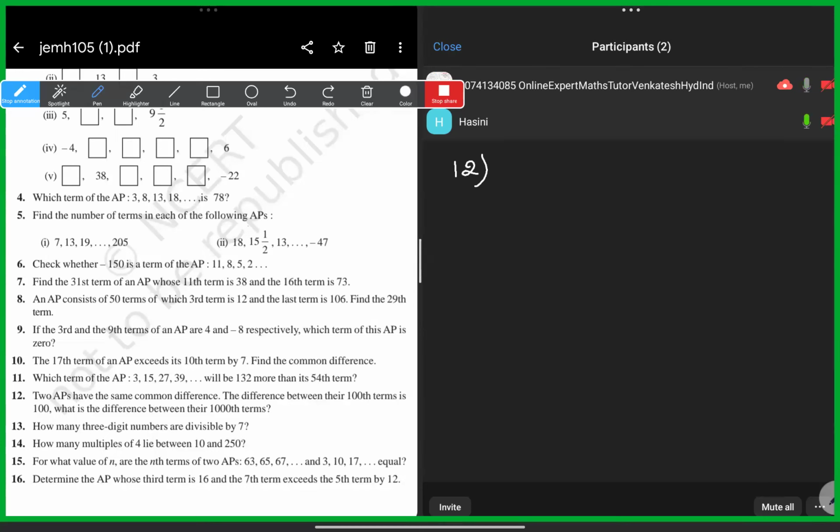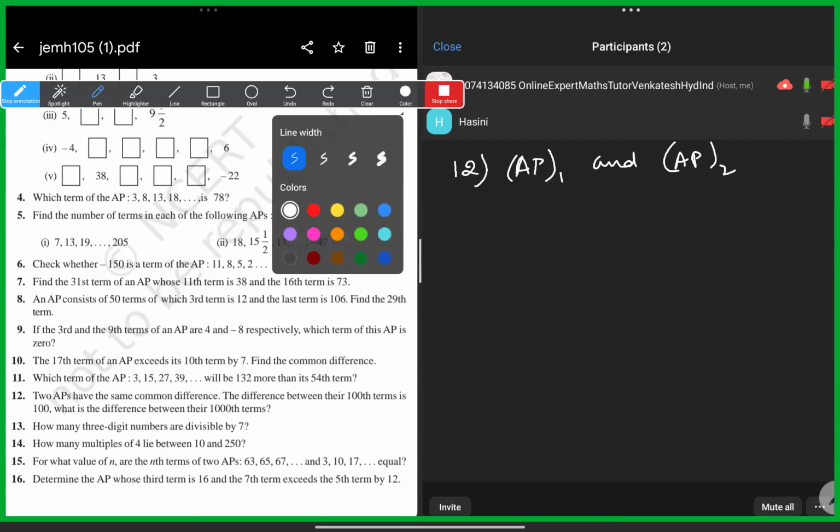So let us take AP1 and AP2 as the two series. The difference between their 100th terms is 100.